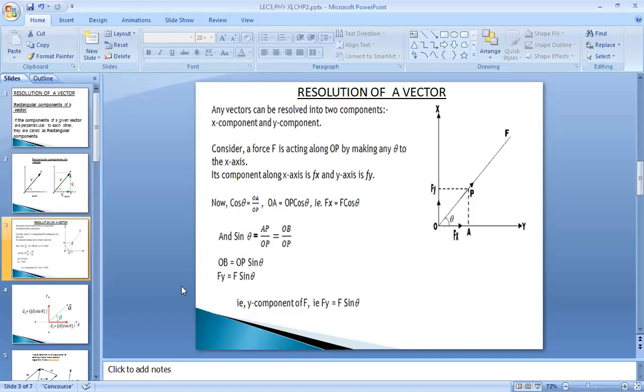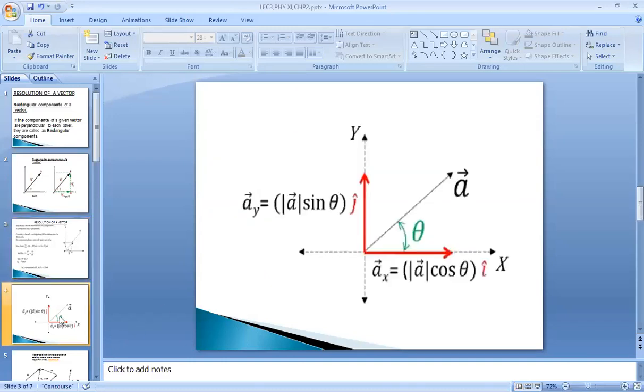You can see a very clear diagram and clearly written here how you can find sine theta, and how you can find Fx and Fy. This is the same thing which I have explained. And students, here in this diagram, again the same thing is shown, and these are the components along the x-axis and along the y-axis.